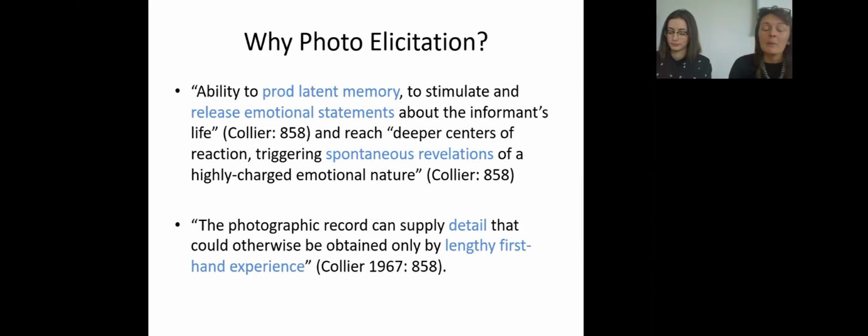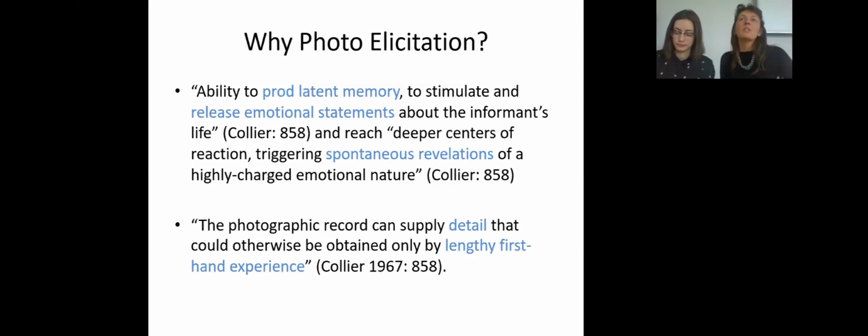But a second point when we think about why photo elicitation is that the photographic record can supply detail that would only otherwise be obtained by the researcher through lengthy first-hand experience.